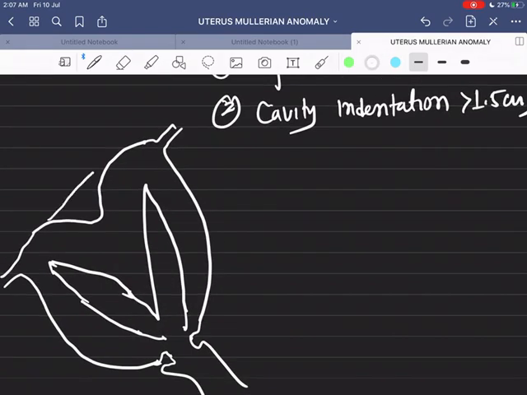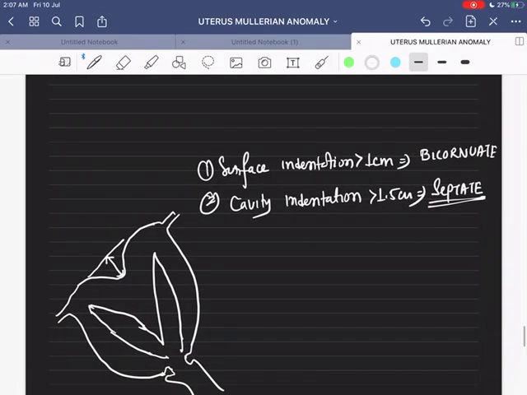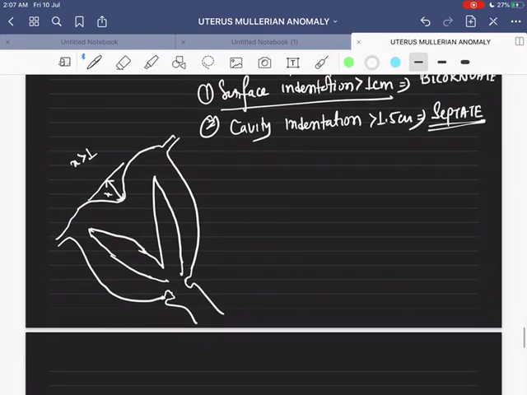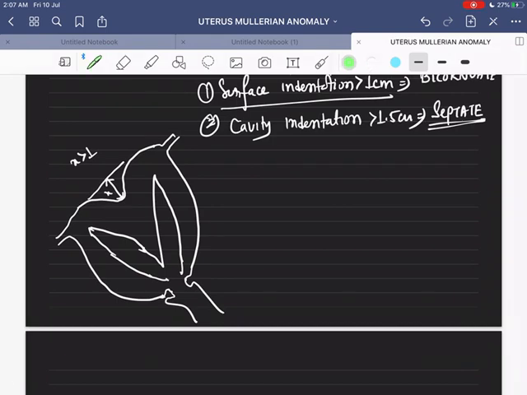This is the external surface indentation. If it is greater than 1 centimeter, then it favors bicornuate uterus. This is the cavity indentation. If the cavity indentation is greater than 1.5 centimeter, then it is septate uterus.